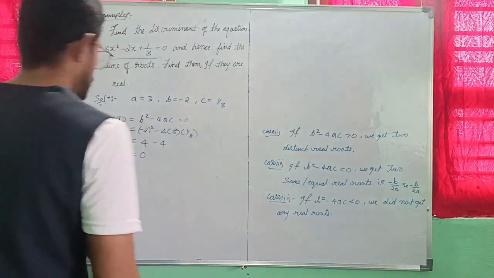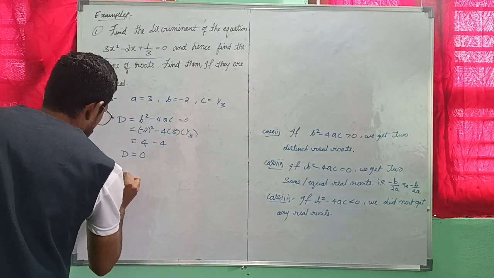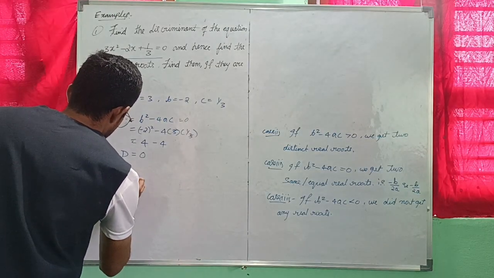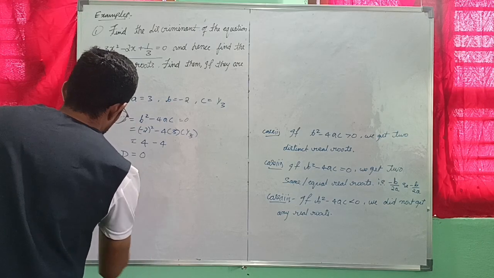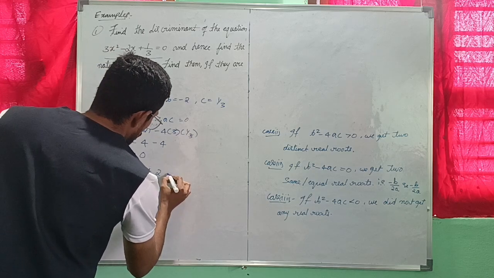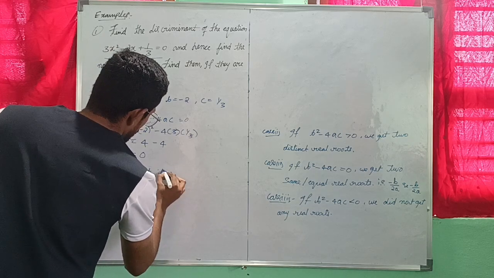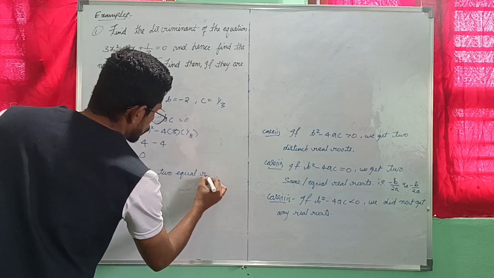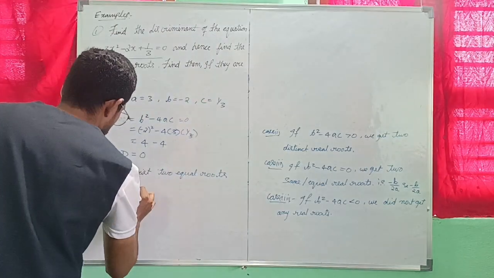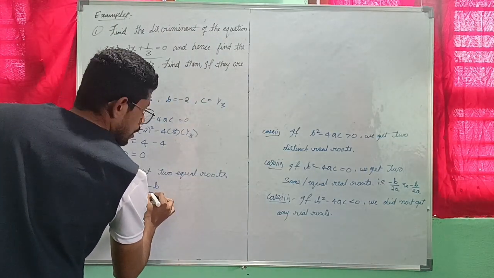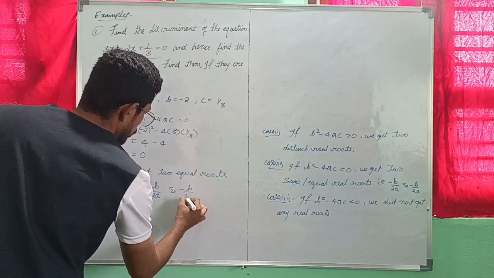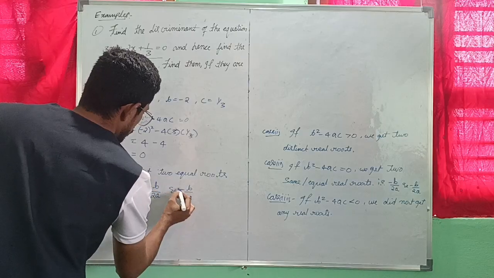Therefore there exist two equal roots, that is minus b by 2a and minus b by 2a, that is x equals minus b by 2a.